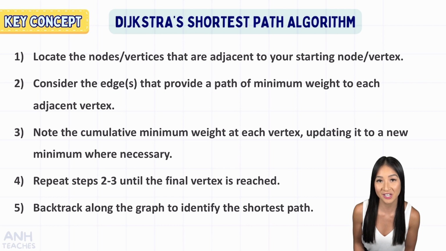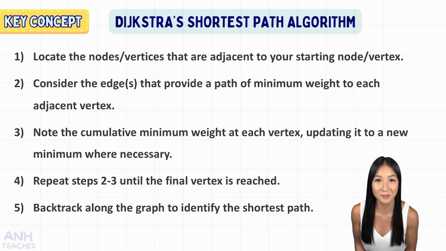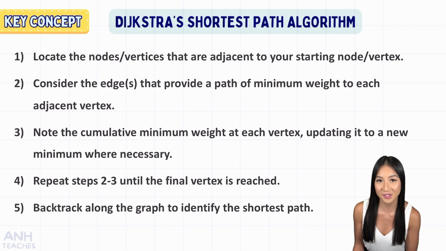The third step is just to write down the shortest distance that it takes to get from the starting vertex to the vertex that you're at. The fourth step is to repeat steps 2 and 3 until you get to the final vertex. And finally, step 5 is to backtrack along the graph so that you can identify the specific path that gives you the shortest distance.